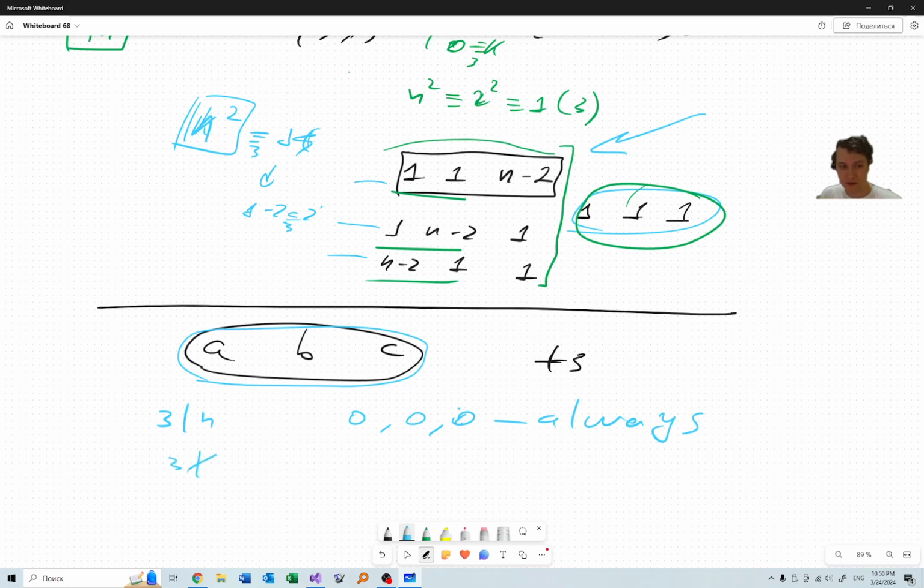And if 3 does not divide n, we want to take 0, 0, 0 when k is 1 modulo 3 or 2 modulo 3.